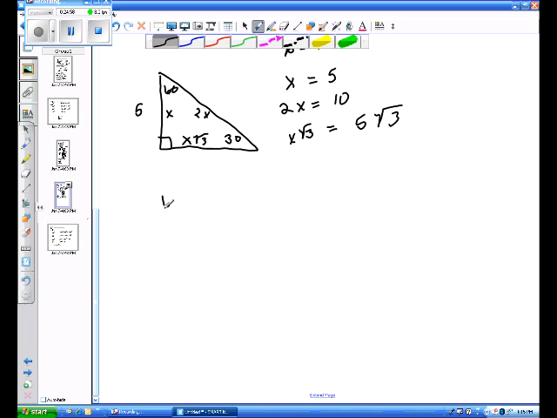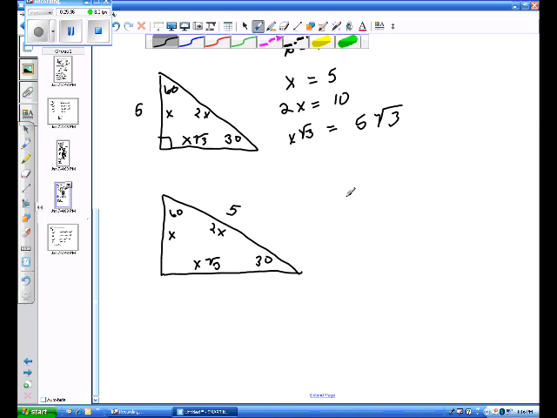Now, let's say that we were given a triangle, and this is a 30-degree, this is a 60-degree, and let's say instead of our short side being 5, our hypotenuse is 5, and we want to find out what our other sides are. We start out the same way. The side opposite the 30-degree angle we call x. Our hypotenuse is twice that. The side opposite the 60-degree angle is x square root of 3.